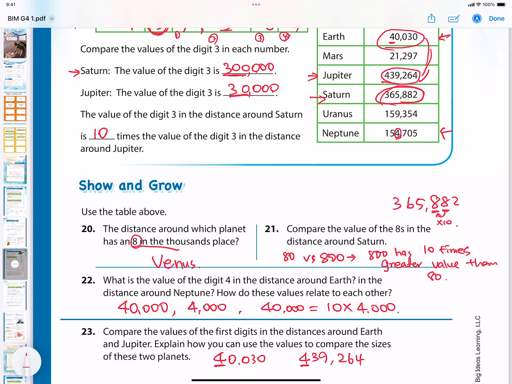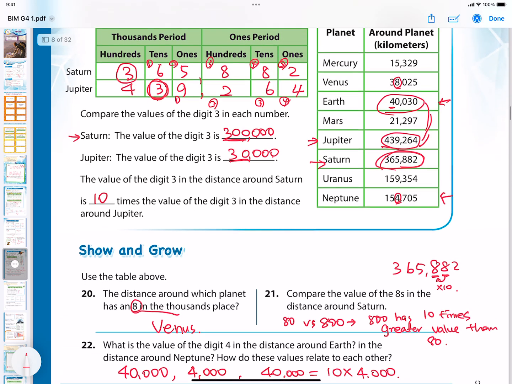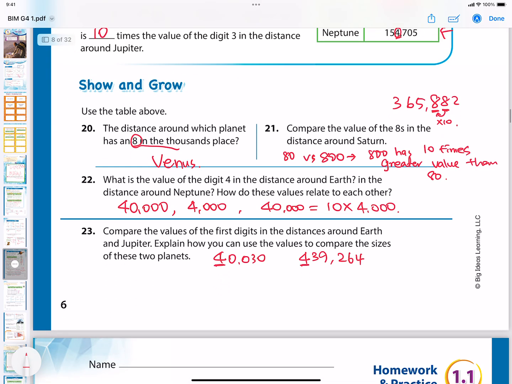We are going to compare 40,000 versus 400,000, which is 10 times greater, right? Because this is the distance around the planet. I'm going to say 400,000 because that's the value of the digit 4 in Jupiter. 400,000 is equal to 10 times greater than 40,000, which is the distance around the Earth.